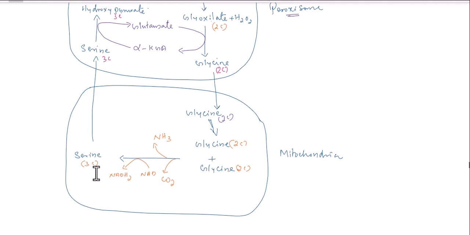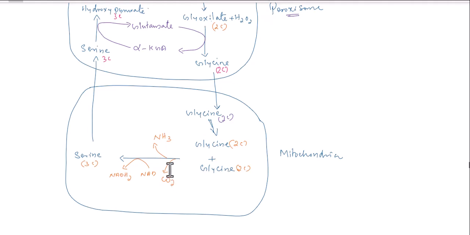The 2 carbon compound combines and produces a 3-carbon compound known as serine. During that process, 1 carbon is released in the form of carbon dioxide.